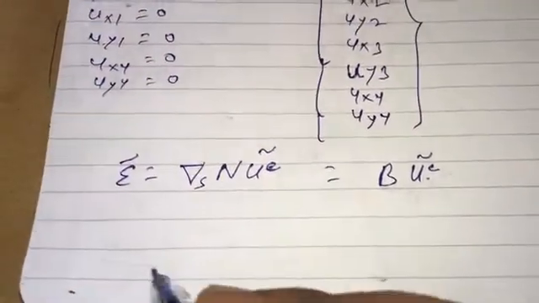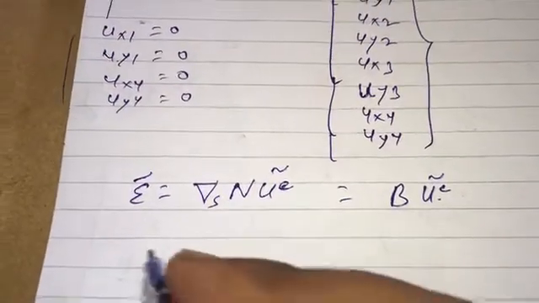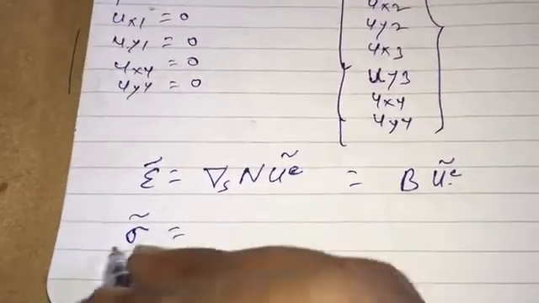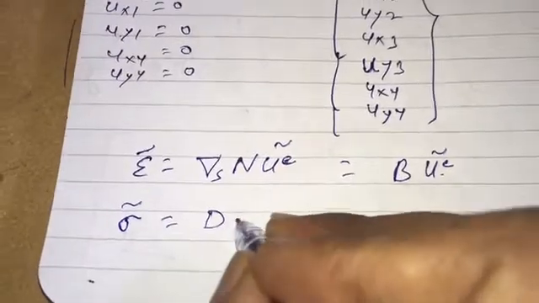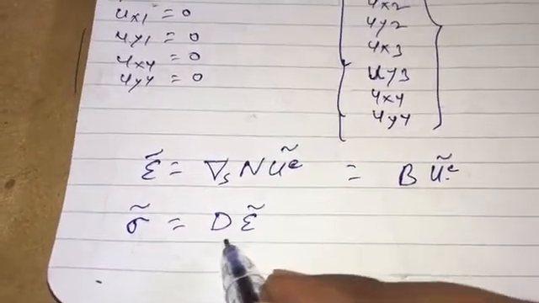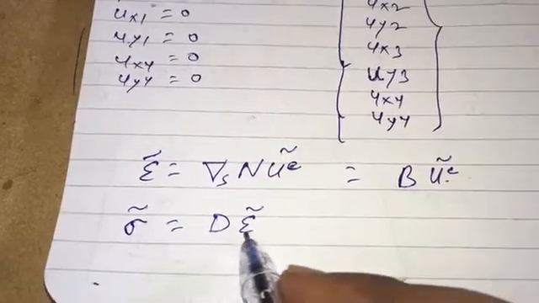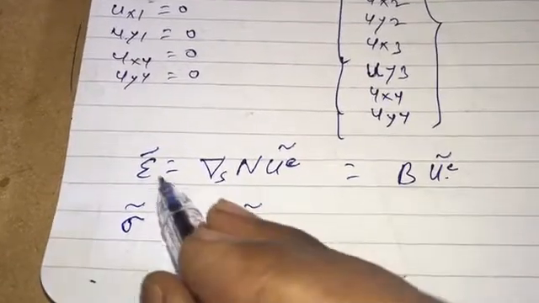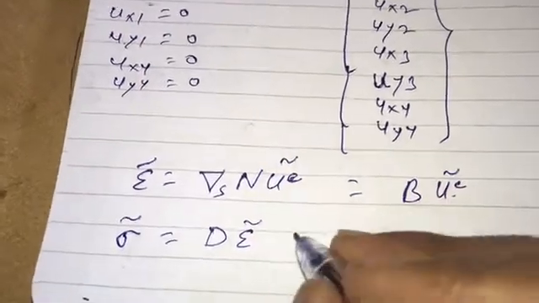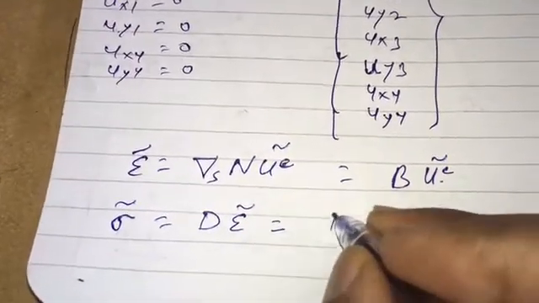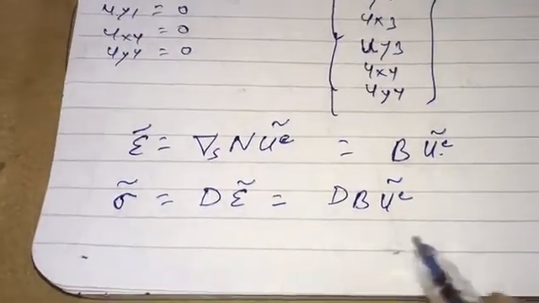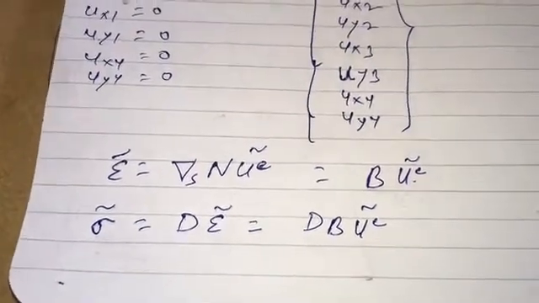If you want to find out the stress within the element, then you can use this equation. You know sigma is related to the strain with this D matrix. So, D matrix you put and multiply it by a strain and you get the sigma. So, this will be simply equal to D B U E and you get the sigma like this one.